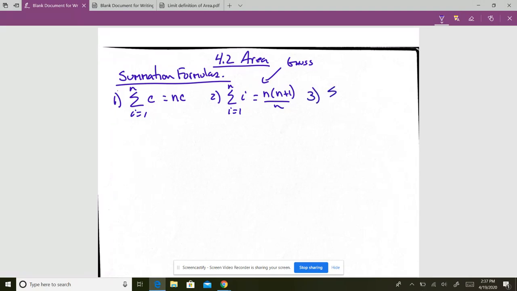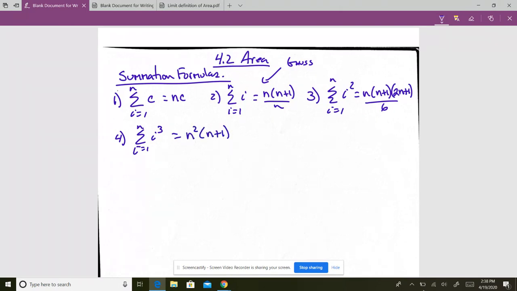Number 3 is the sum of i squared from 1 to n, which is n(n plus 1)(2n plus 1) over 6. And the final one that we will use, the sum of i cubed from 1 to n, is n squared (n plus 1) all squared over 4.